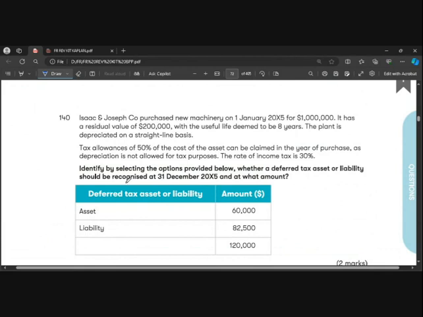Then just remember the rulings on revaluations a lot. If you revalue, the revaluation gain will give rise to a taxable temporary difference. You will have a deferred tax liability relating to revaluation. When you're finding tax expense that goes to SOPL, you won't include that revaluation element in the closing balance. But when you're showing the closing balance in SOFP, in non-current liability, you will include that amount. The whole amount will go to SOFP.